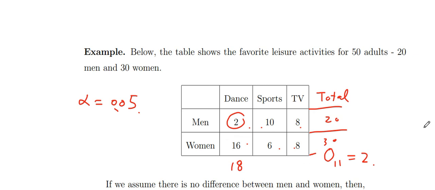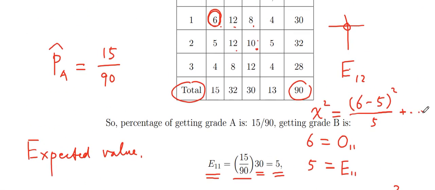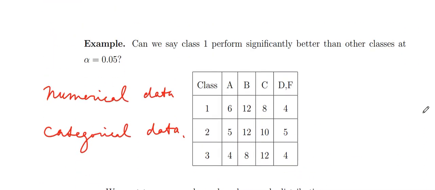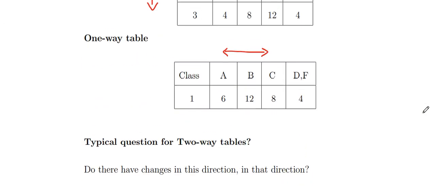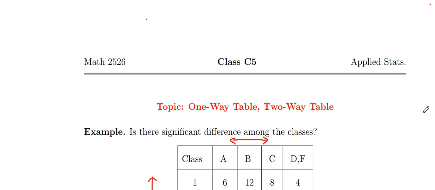Anyway, this is a two-way table problem. This is today's class topic: one-way table, two-way table. For those kinds of problems, we just find a cut-off point, or test statistic.